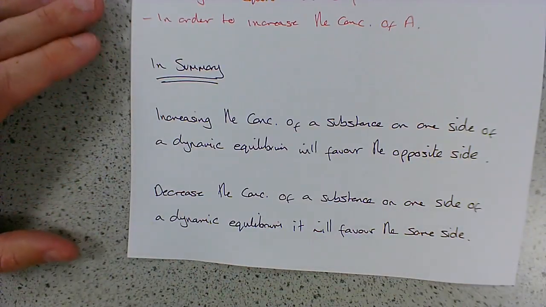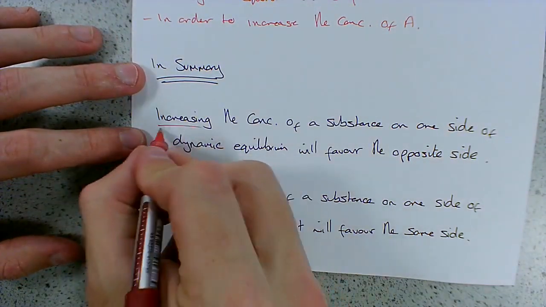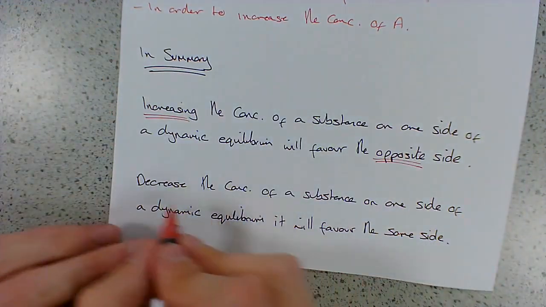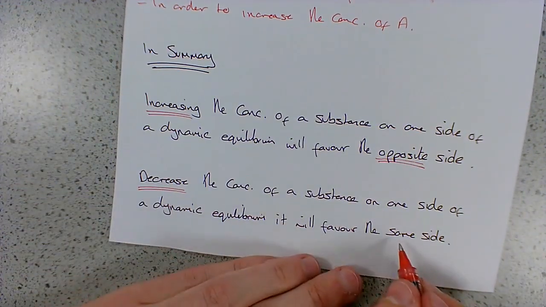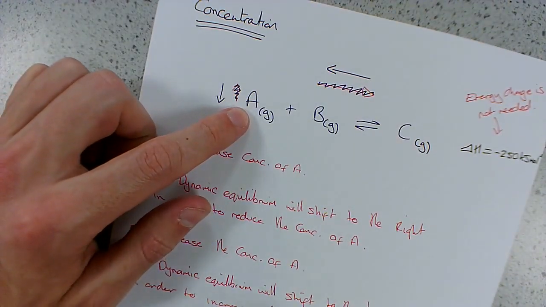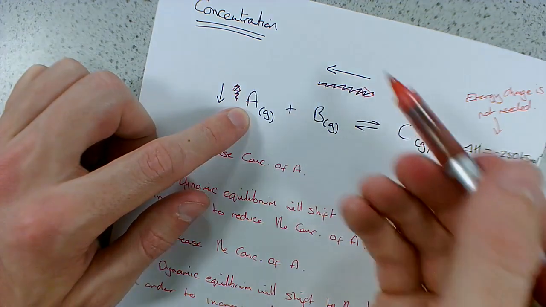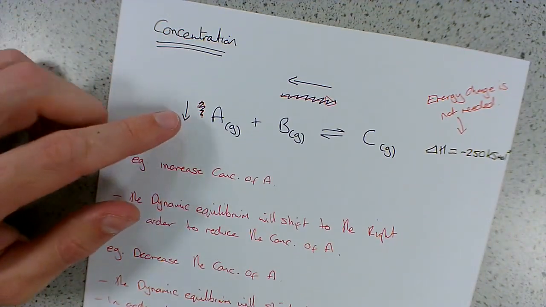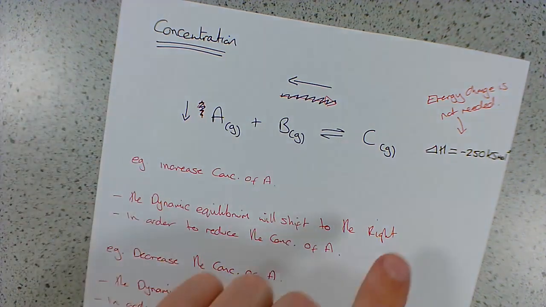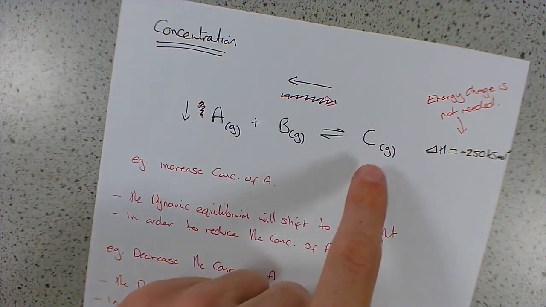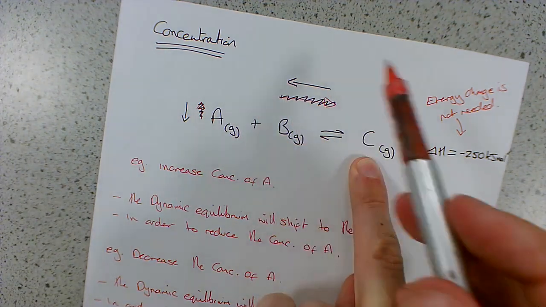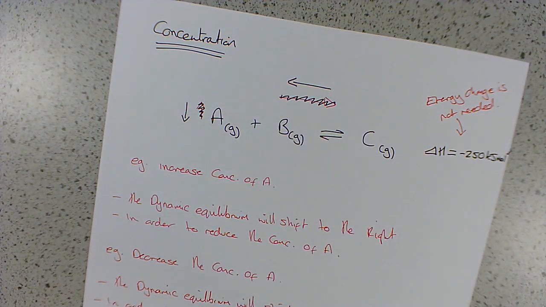So, increasing concentration will favour the opposite side, but decreasing concentration will favour the same side. And again, if we decreased A, it would favour the left-hand side in order to replace it. So decreasing the concentration of something on the left will shift to the left. Decreasing C on the right would cause the equilibrium to shift to the right to replace C.